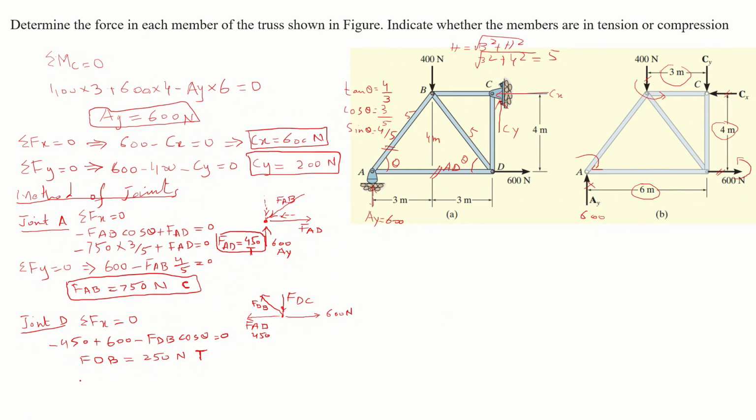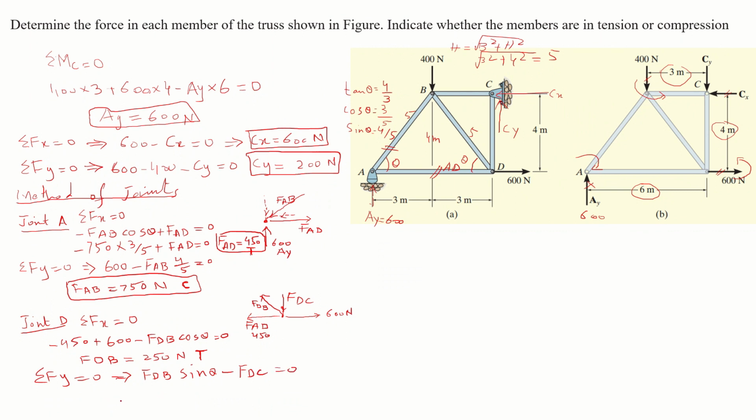Now we will apply the second equation, which is sum of forces along y is equal to 0, and along y we know that F_DB, the vertical component of this F_DB is F_DB sine theta in the upward direction, and F_DC is on the downward direction. F_DC is equal to 0.